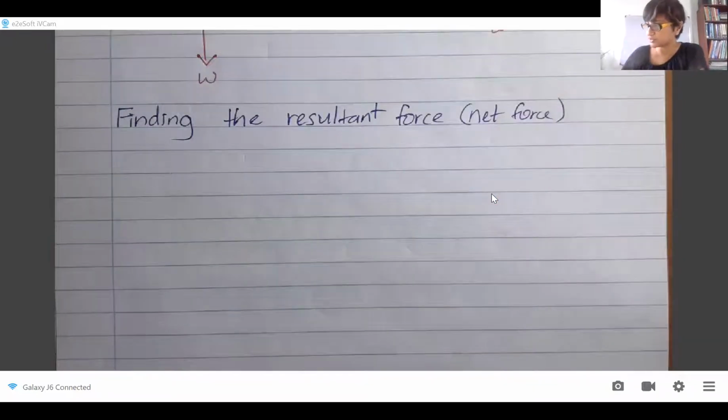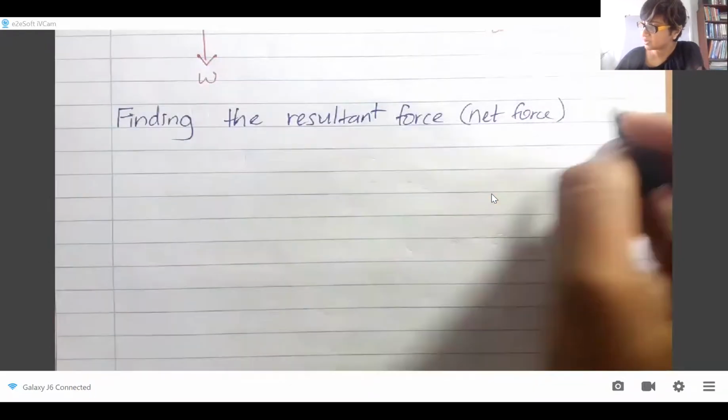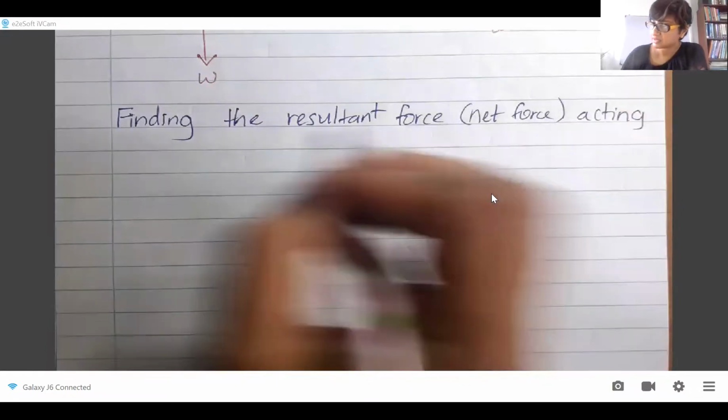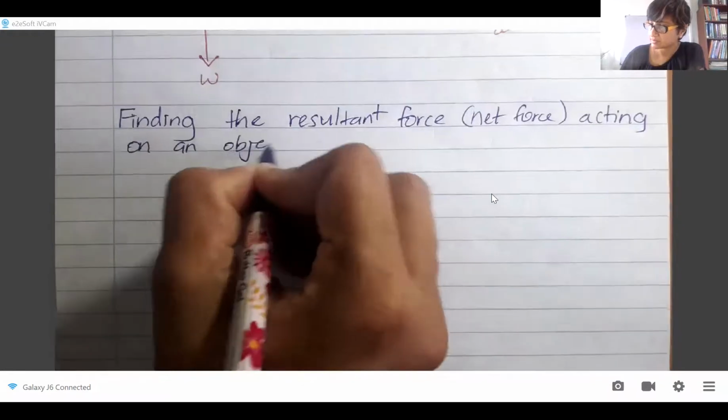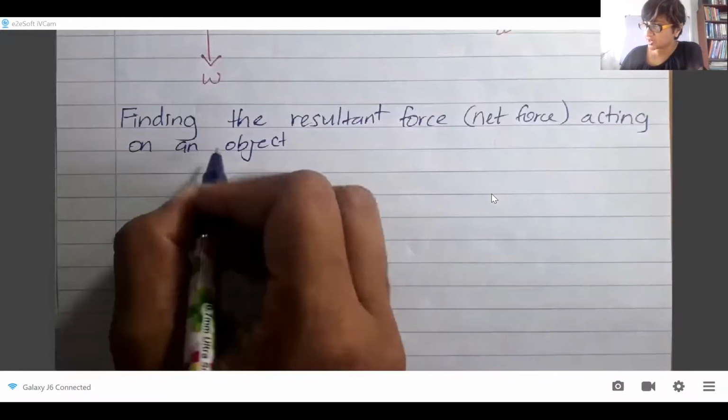Finding the resultant force acting on an object. Let's say now acting on a point object.